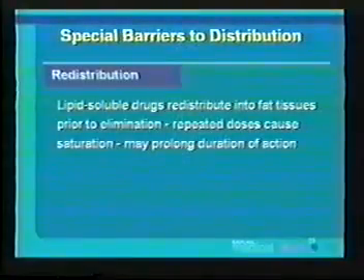Now, redistribution. Redistribution concerns the situation, usually with fat-soluble molecules, where even though there isn't much blood supply to our adipose tissue, with time, especially with chronic administration of a drug, you will actually begin to slowly saturate fat tissue.